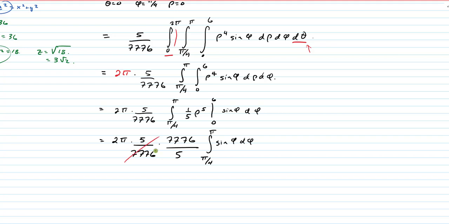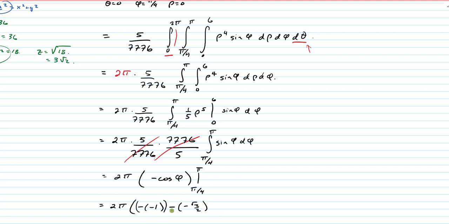Here, those two components are multiplicative reciprocals of each other. So we get 2 pi, integrating the sine of phi gives me minus the cosine of phi, and we're going to evaluate that from pi over 4 to pi. That comes out to be 2 pi times minus a minus 1 minus a minus square root of 2 over 2.